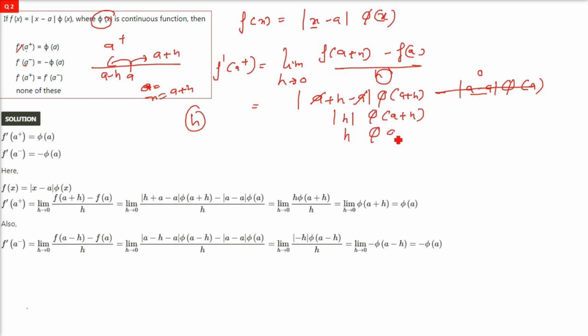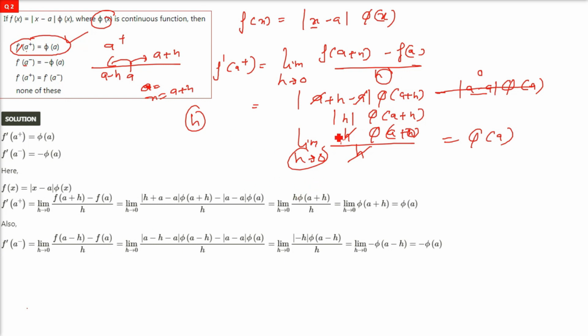So phi(a plus h) it will be. Now we have h in the denominator and let us apply the limit. But h gets cancelled. So phi(a plus h) with h going to 0 gives phi(a). And phi is continuous, already given in the question. So the first thing is this one. This one is correct.